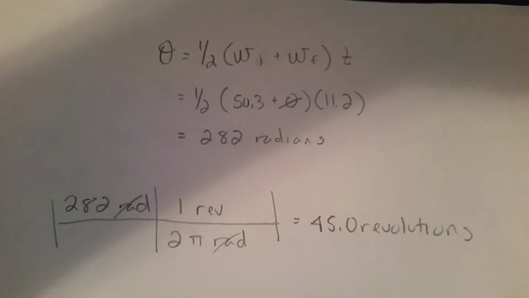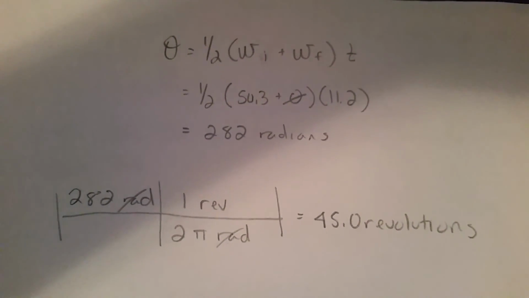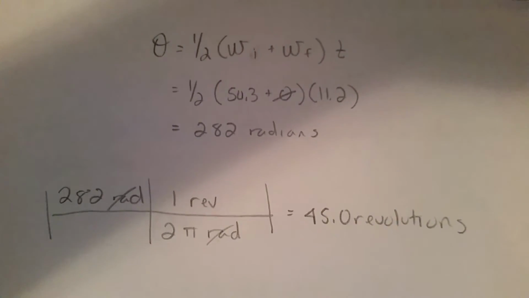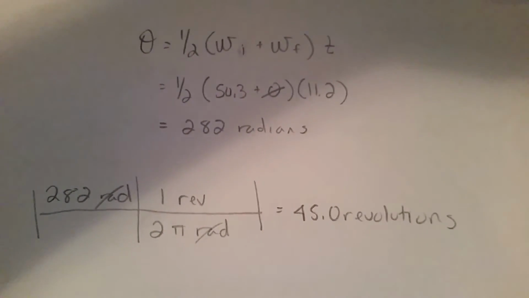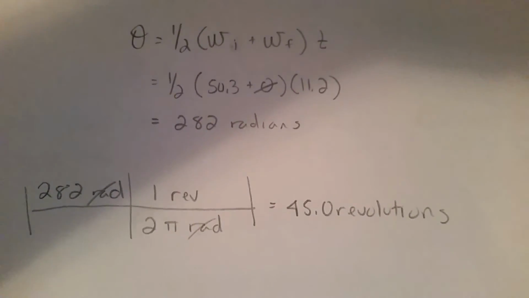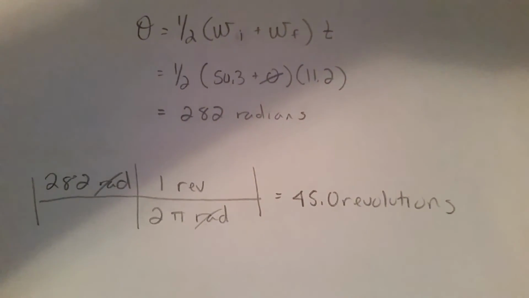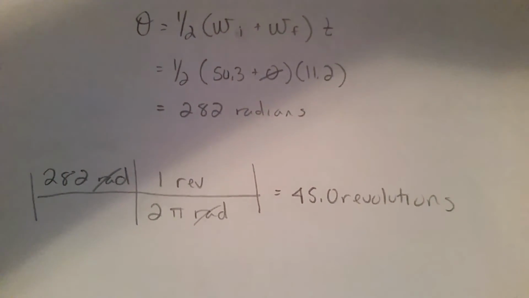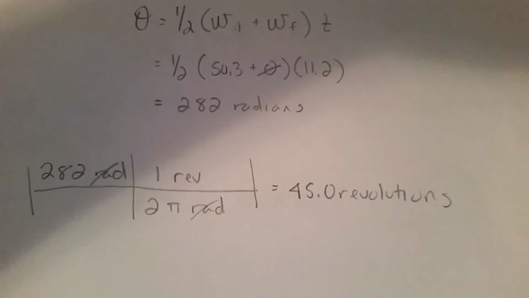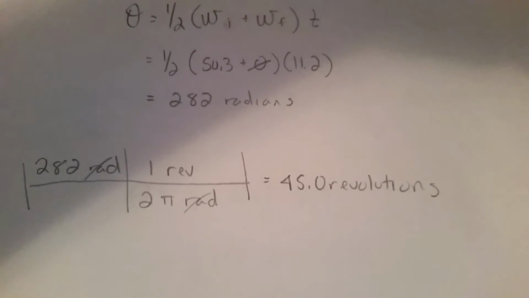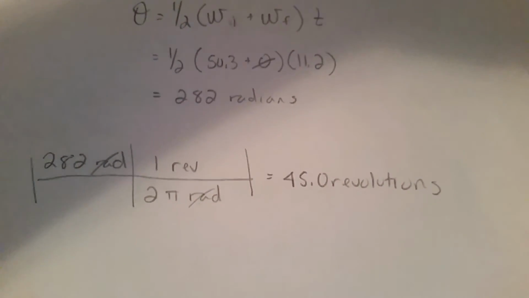So I do 1/2 times 50.3 plus 0 times 11.2, which gives me 282 radians. And then I will convert it back to revolutions. There are 2 pi radians in 1 revolution. My radians will cancel out, and it gives me 45.0 revolutions.